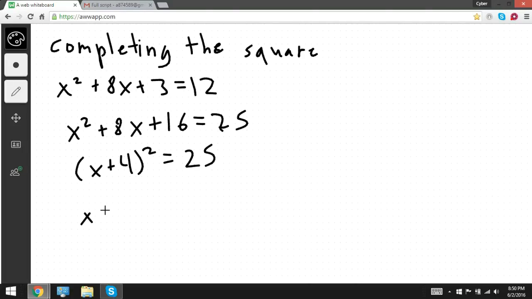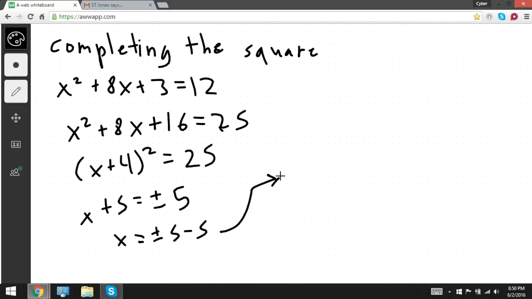Now, I then make it into x plus 4 squared because that simplifies using factoring to half of it. Then I just square root both sides, get a plus or minus 5. Then I do plus 5 minus 4 and minus 5 minus 4, and I get 1 or negative 9. Yeah, that's the video.